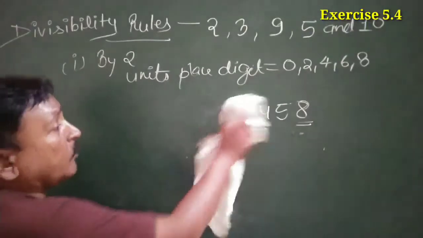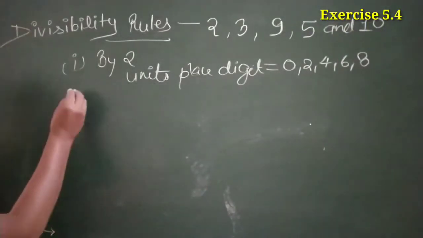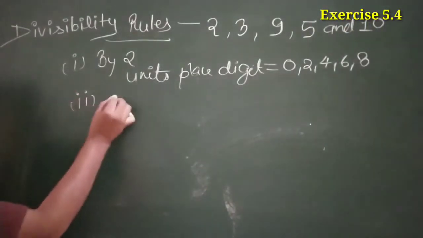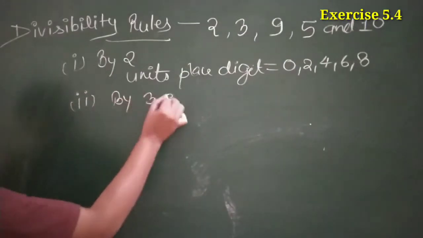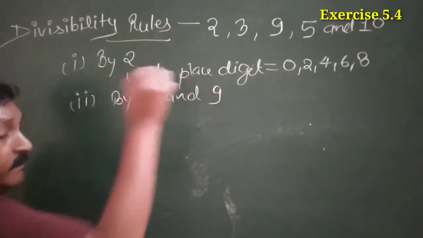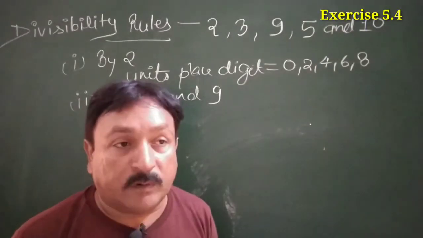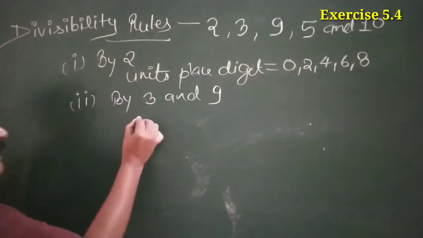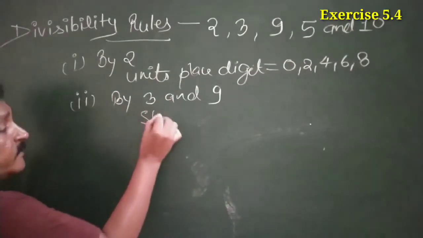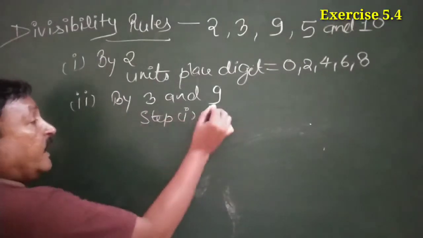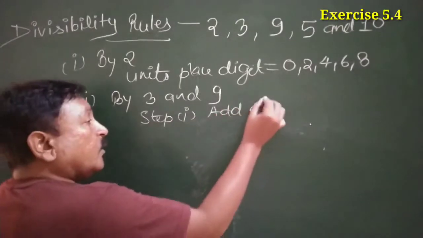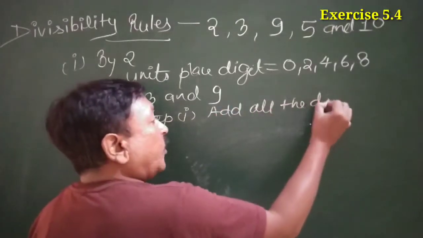Now, this was by 2. Second, by 3 and 9. Both 3 and 9 have the same divisibility rule. Step 1, add all the digits of the number.